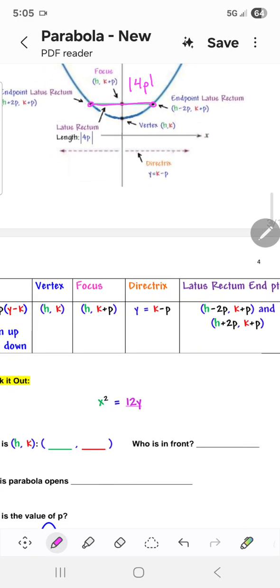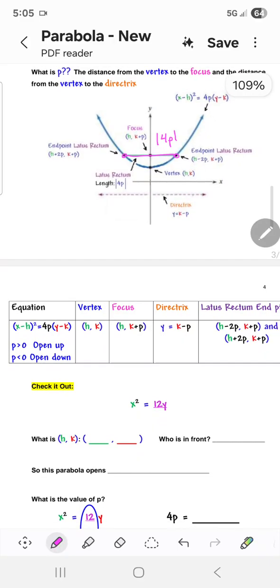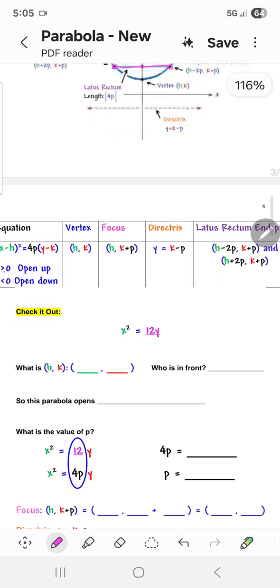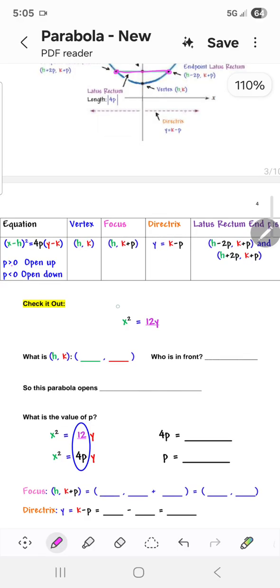So, let's talk about our equations. Let's talk about how to find p, that distance, that value. Here we have our equation. Remember, if p is positive, you open up. If p is negative, you open down. You've got your vertex, your focus, and so on and so forth. So let's take a look at an equation. What I'm noticing real quick is that if I were to write the general formula here on top of my equation, I do not see h and I do not see k.